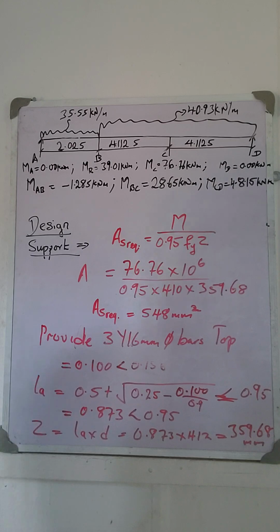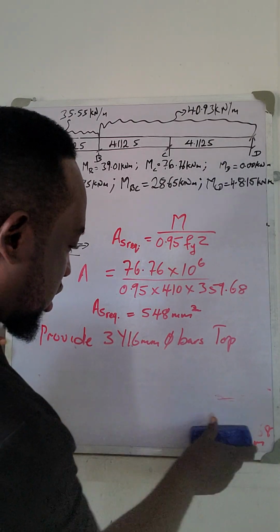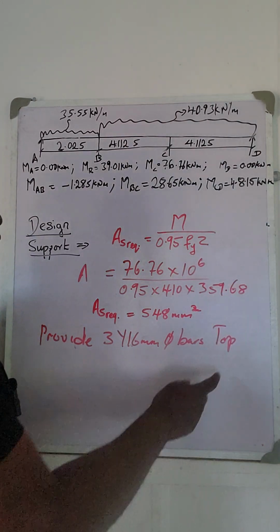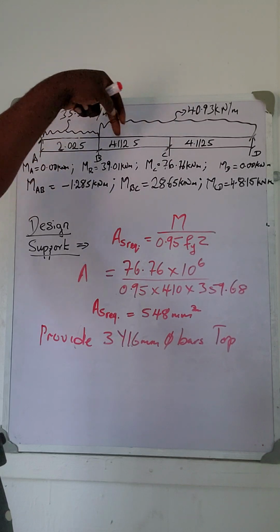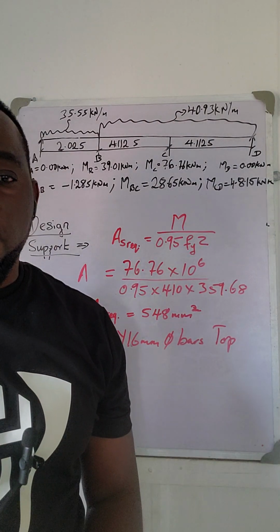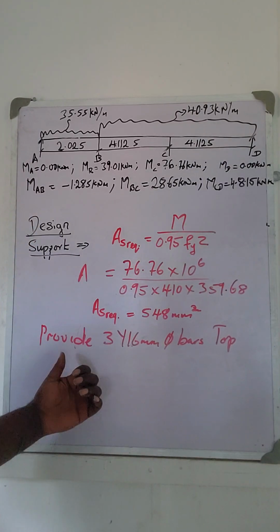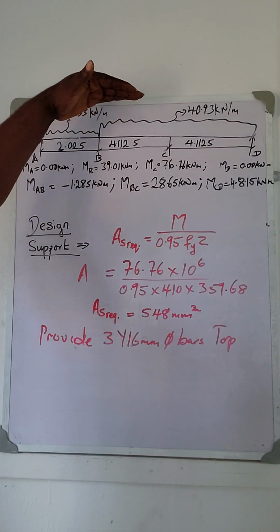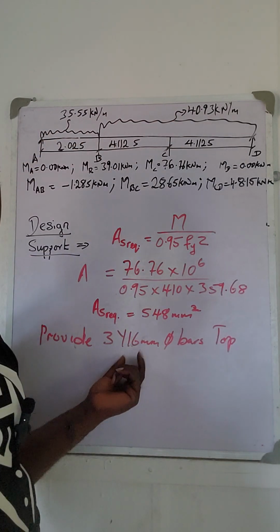So we have done that for the support moment. So this is top reinforcement, 3Y16. Anytime you are seeing detailing in structural design, and they are saying 3Y16 top, this is how the structural engineer analyzes to arrive at 3Y16.